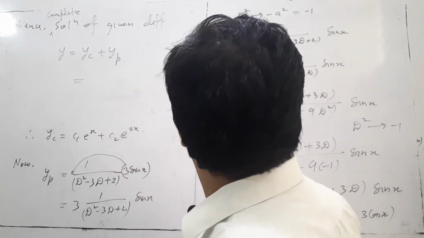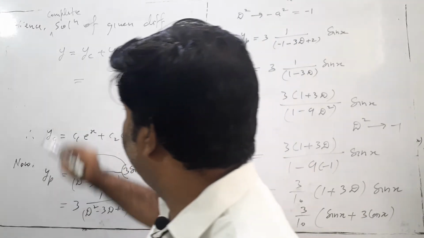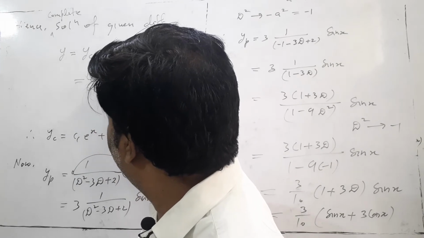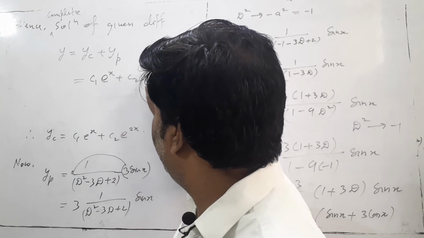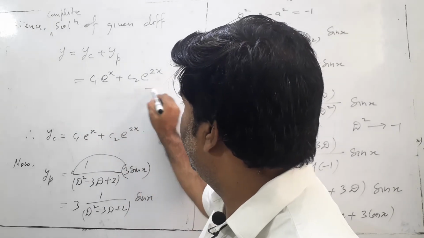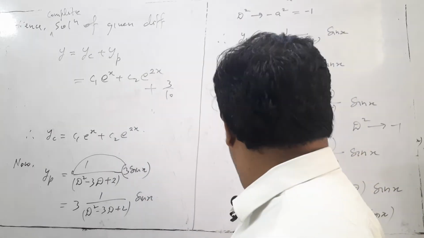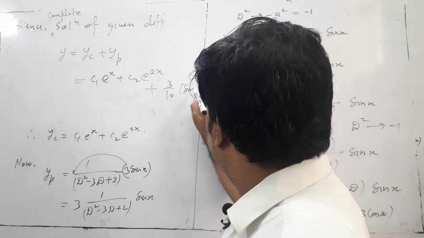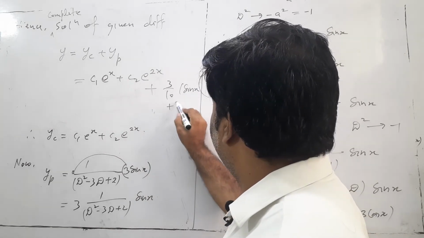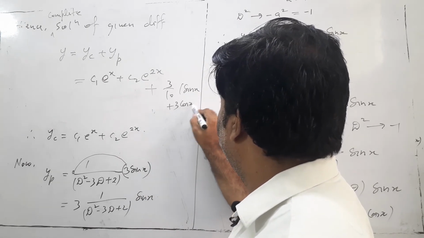The complementary function is c1 e to the power x plus c2 e to the power 2x, and the particular integral is 3 by 10 times sin x plus 3 cos x.